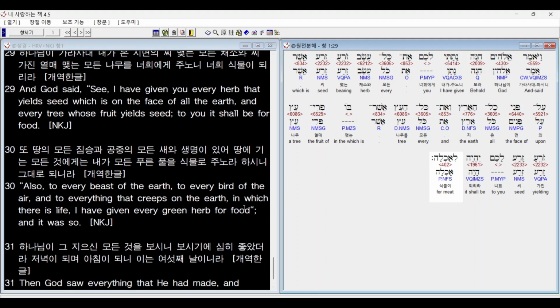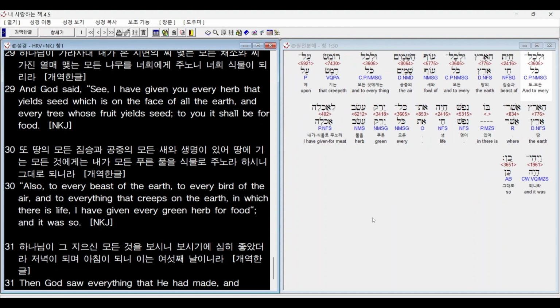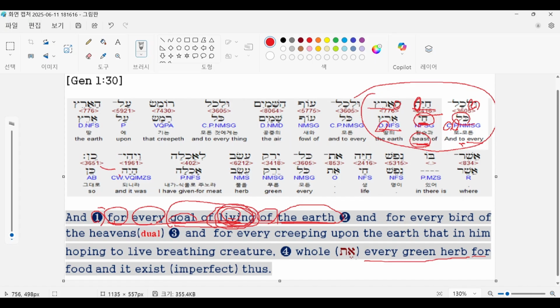But here in verse 30, whoever eats every green herb for food, the first category, has the goal of living of the earth instead of the heaven.